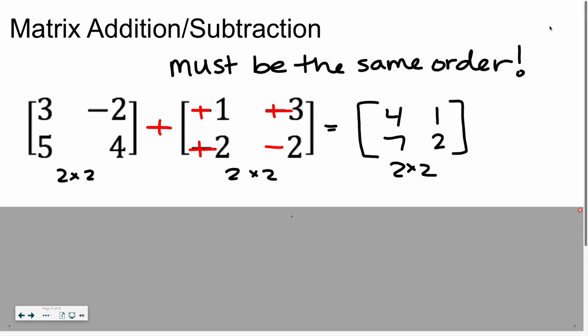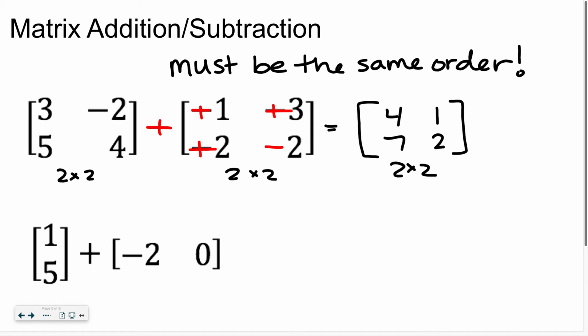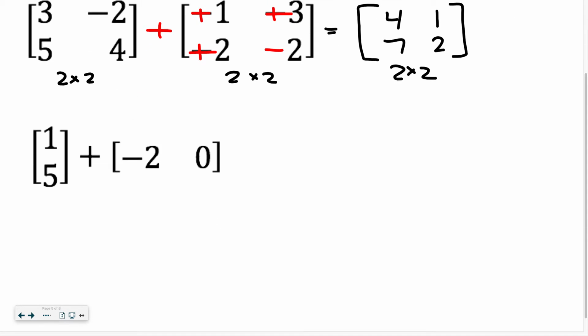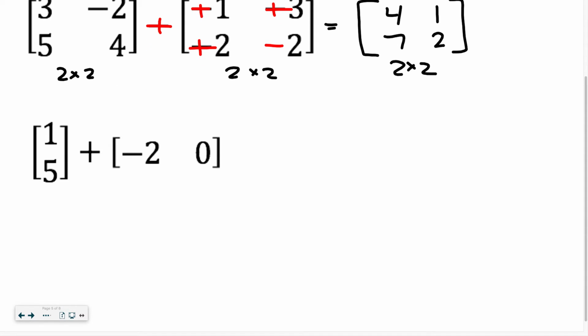So if I give you an example like this, you say what? Can't do it. Now you might be tempted to try to add, like I have a first row, first column with a first row, first column. But this is second row, first column, and this is first row, second column.